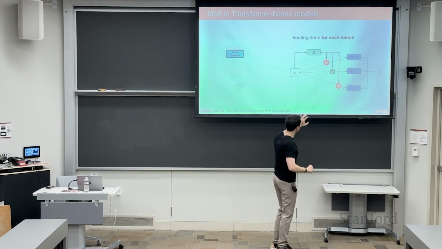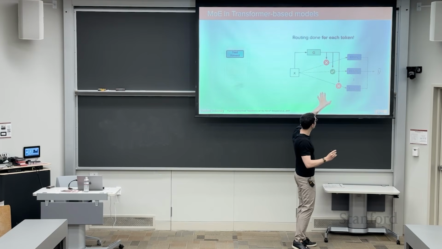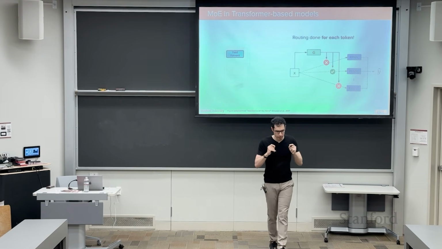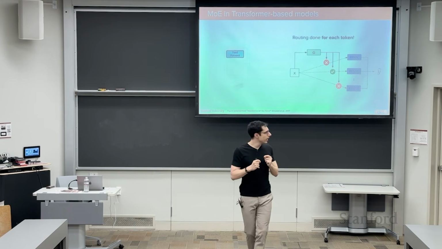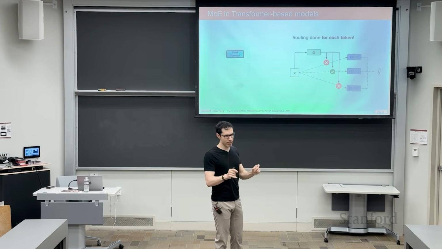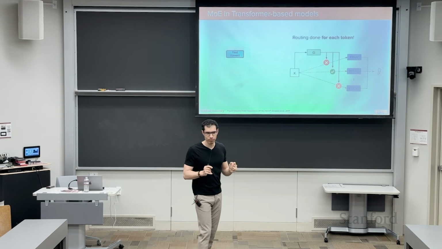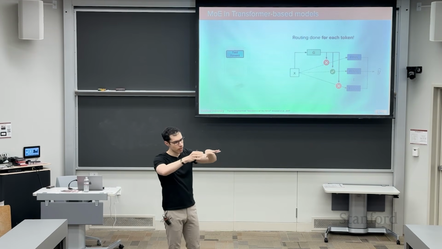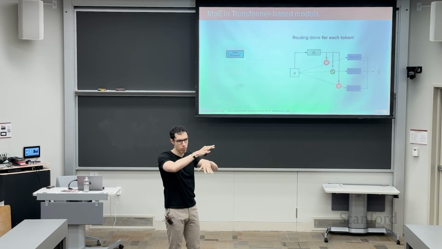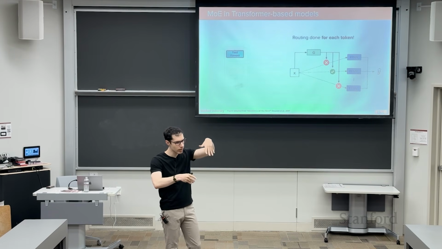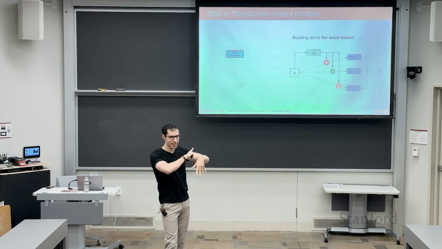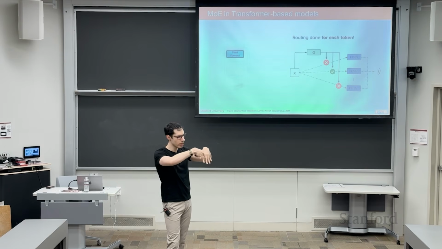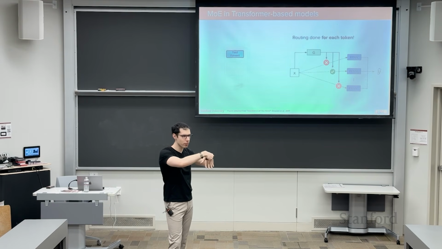So typically K would be equal to 1. It can also be equal to 2, but it would only be a subset, so that's my point. And this routing would be done at the token level. If you remember, the decoder basically takes something as input, a bunch of tokens. And here what I'm saying is that each token will be processed by an expert that may be different from the other tokens.